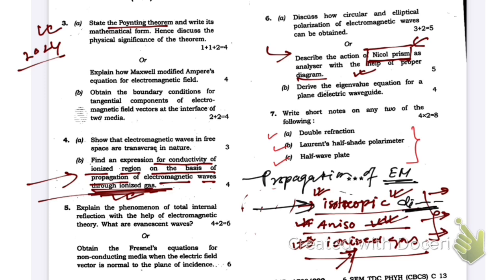Don't be confused. Isotropic dielectric or isotropic non-conducting medium, anisotropic dielectric or anisotropic non-conducting medium, and ionized gas. Out of these three, at least one question will be asked on propagation of EM wave through any one of these three mediums. So that's very important.